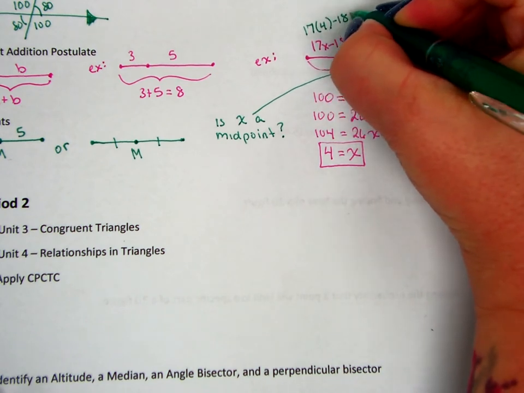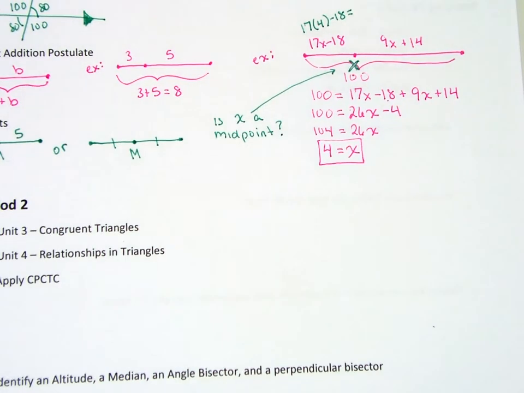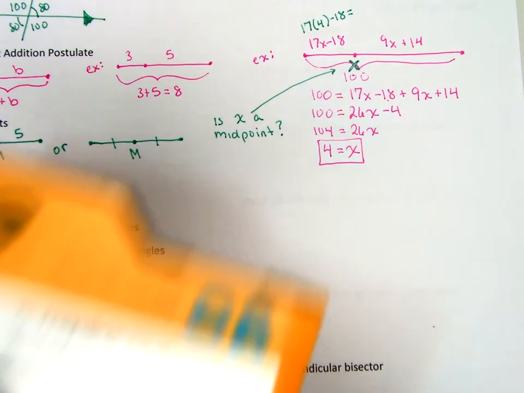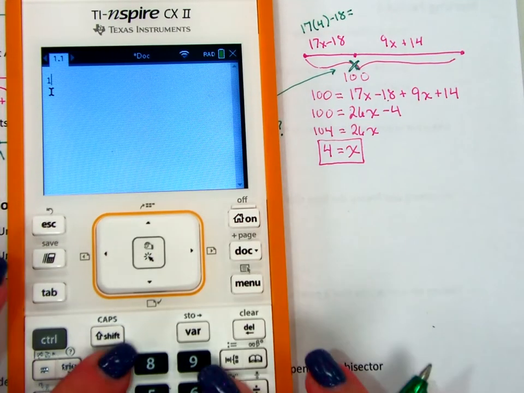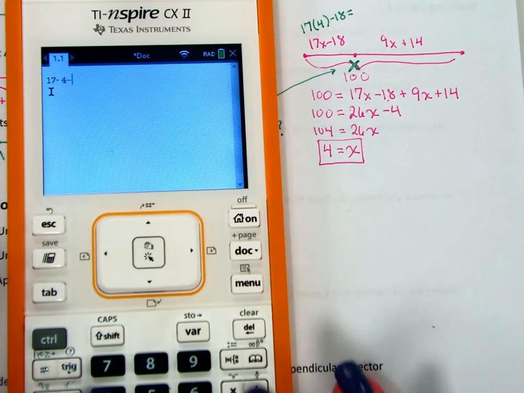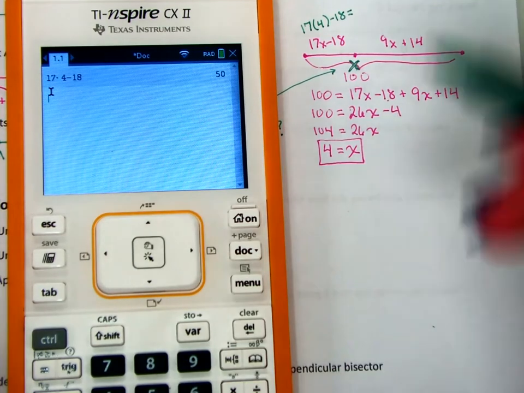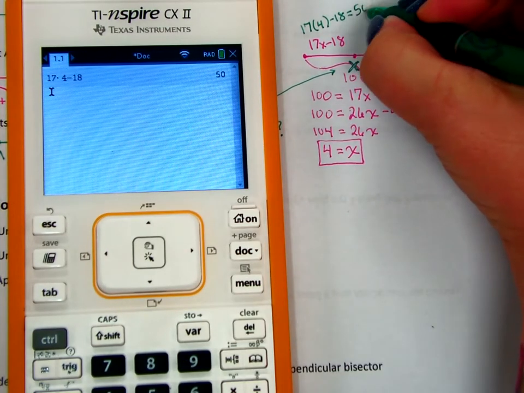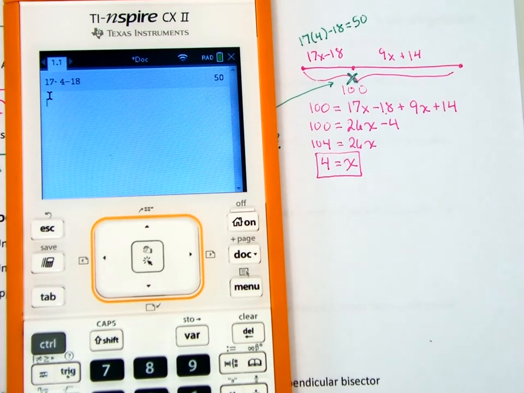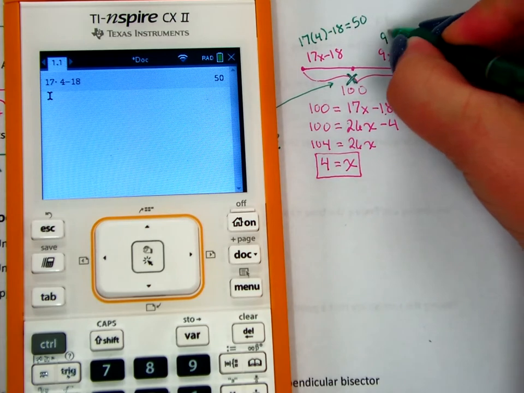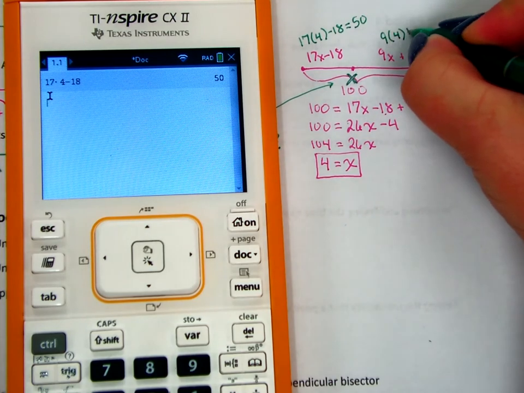I would do 17 times 4 minus 18. Let's grab a calculator. 17 times 4 minus 18 is 50. Is this going to be a midpoint? If it's 100 all the way across and I've got 50 on one side, how much do I have to have on the other side?